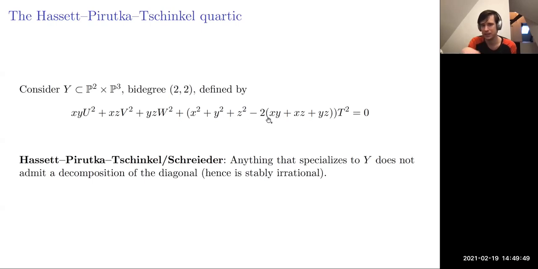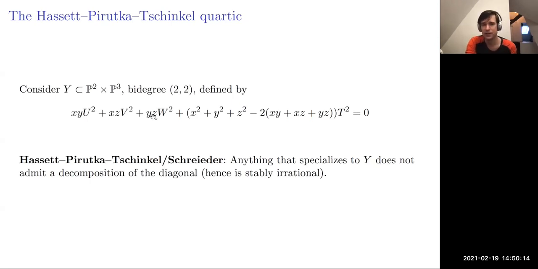I think it has maybe 7 components inside the singular locus, but still the singularities are mild enough to imply that the generic 2-2 divisor inside P2 cross P3 is also stably irrational.